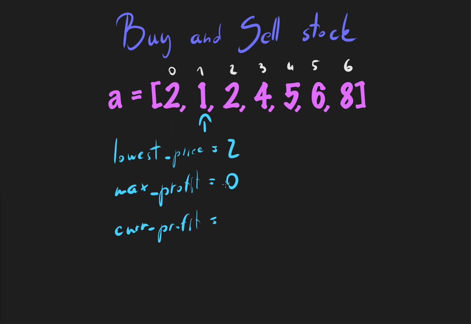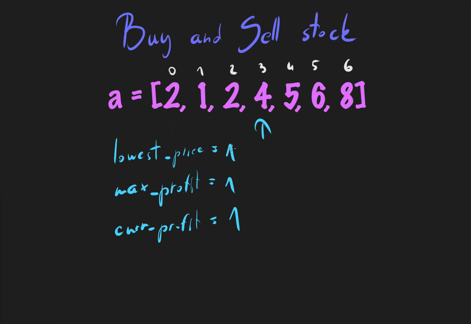The current profit would be minus 1, so it's not bigger than what we currently have, which is 0. But the lowest price is smaller, so we need to update this. We can move forward. 2 minus 1 is 1, so current profit is 1. Current profit is bigger than what we currently have saved in max profit, so we can update it and move forward, right?